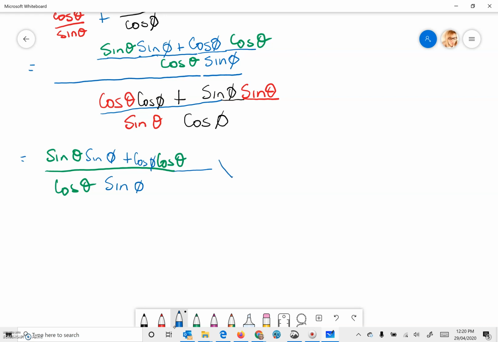Oh, and then we multiply it by, remember we've got to flip these. So we're going to have a sine theta and a cos phi on top.